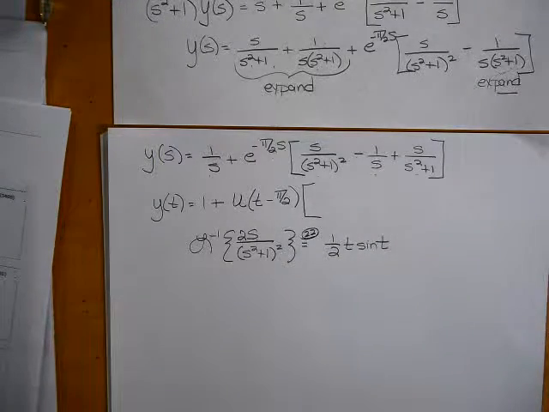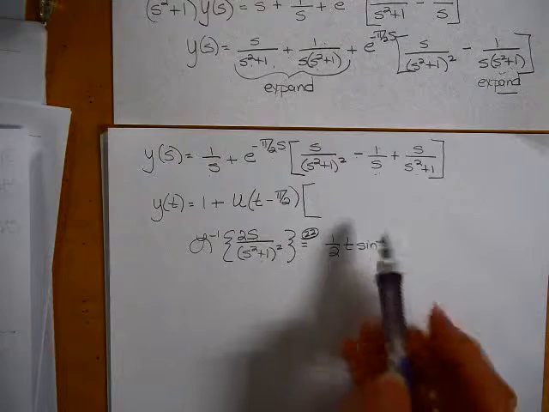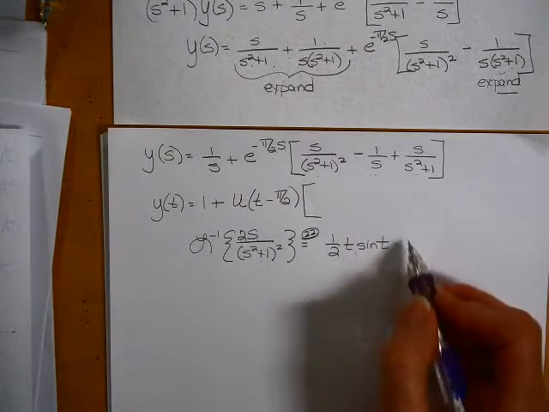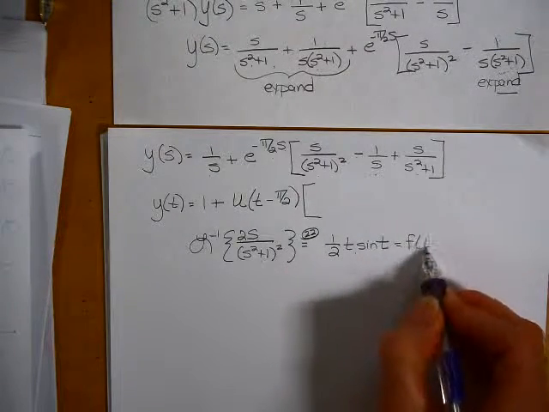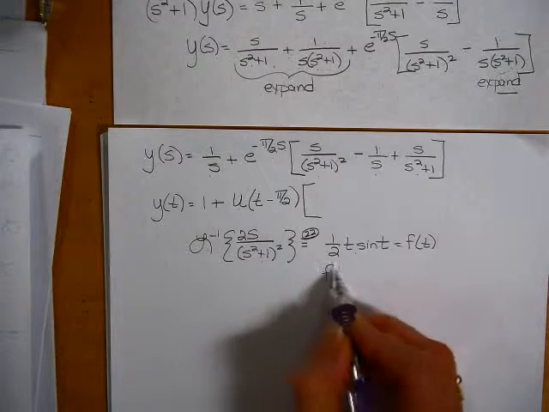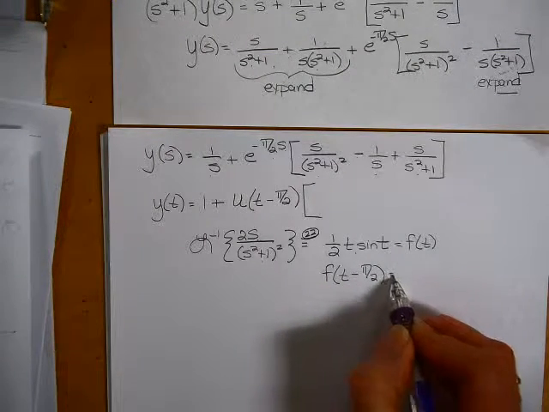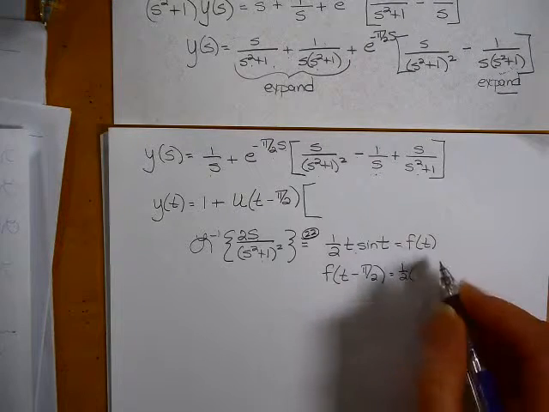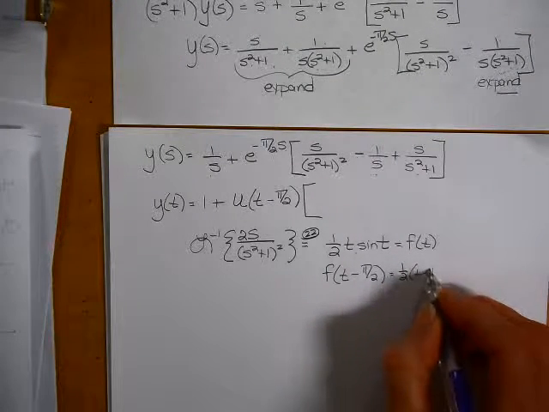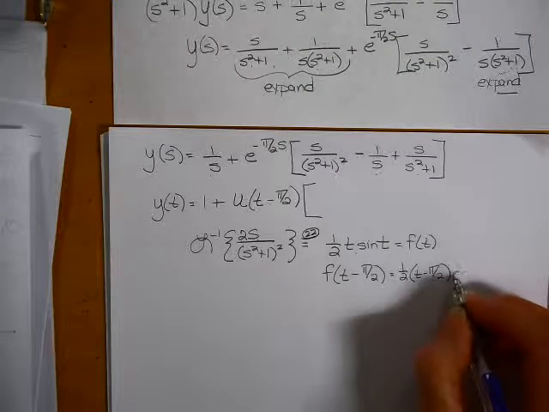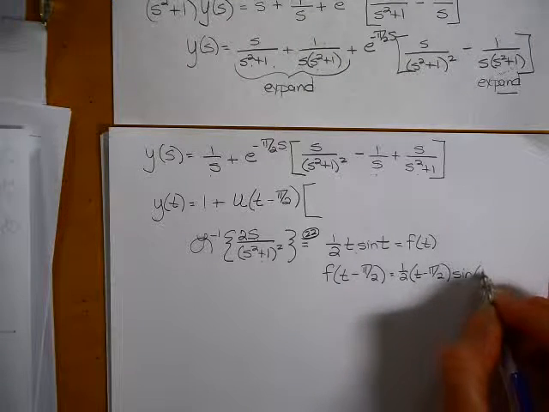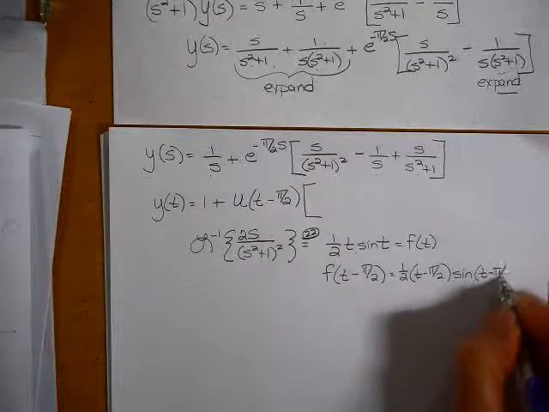But when I put it in my answer, remember your formula says that this is f of t. You need f of t minus pi over 2. So that's going to be 1/2 times t minus pi over 2 times the sine of t minus pi over 2.